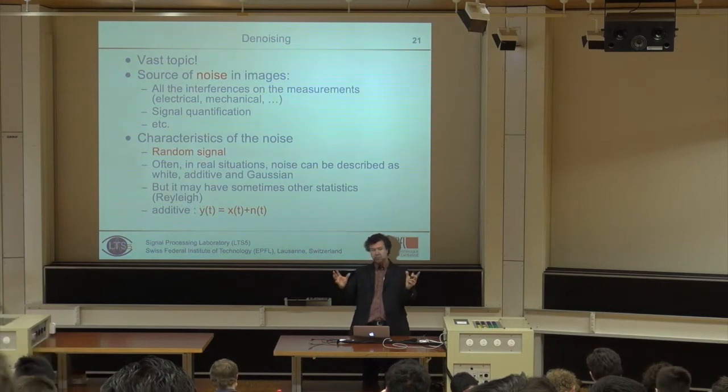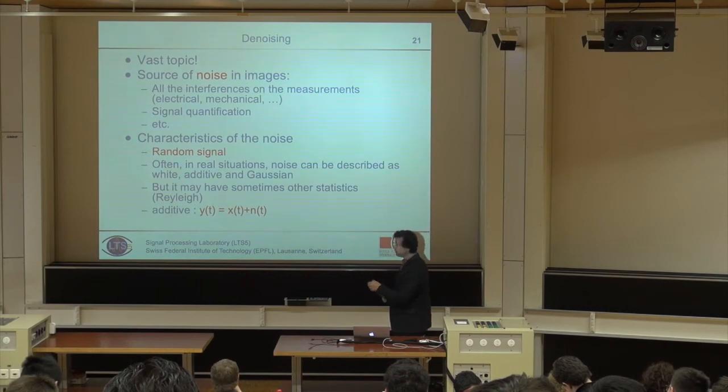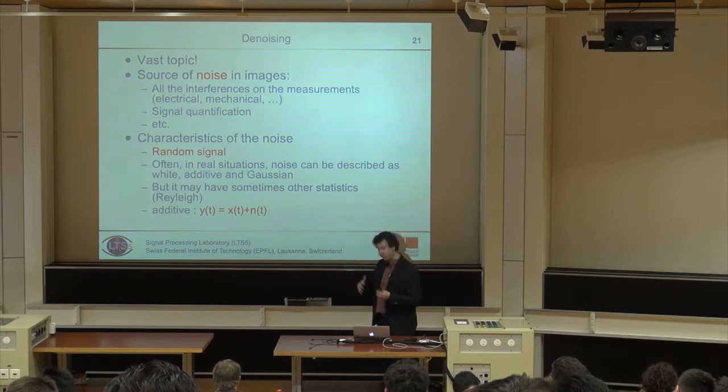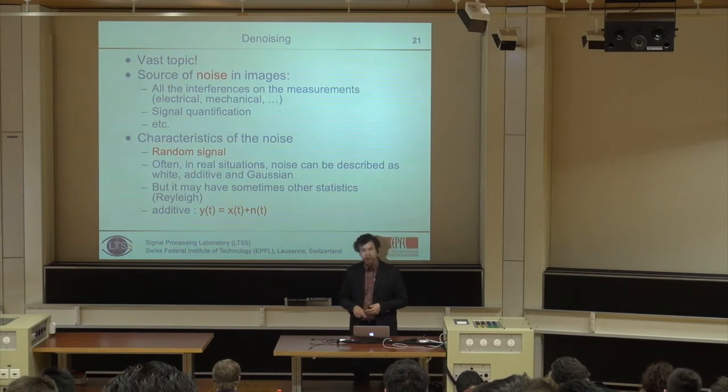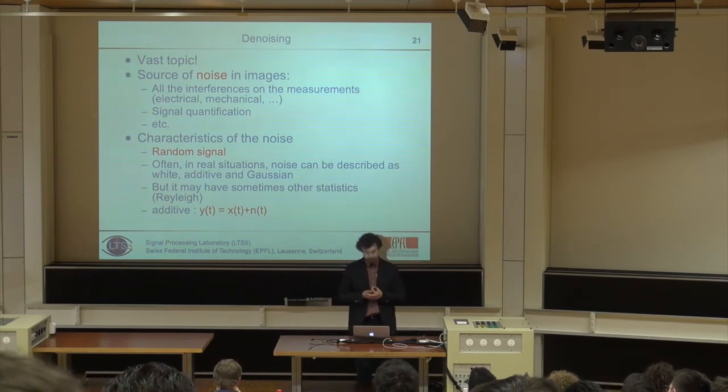It aims at removing noise in images. You might have noise from many different causes, reasons. It might be electronic, it might be external noise, it might be amount of light that you get on your sensor, the quality of your electronics, whatever. But you have noise in images, which is by nature a random signal.